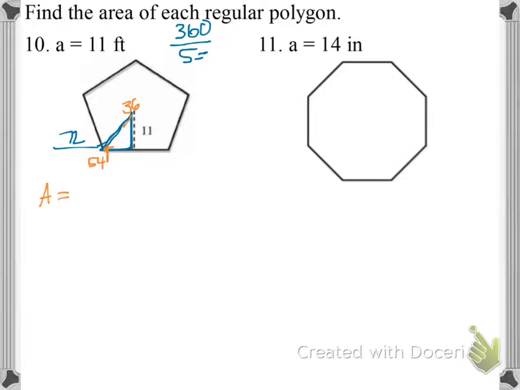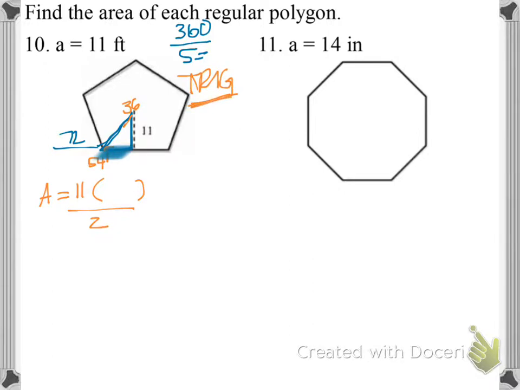Okay, again, we're trying to get the area. So let's see what we do have. We do have the apothem as 11. What we don't have is the perimeter. Okay, so we need to get that, which means we need to find this side. Okay, you can use either one of those angles that you have. I'll just use the 36. And so here we're going to have to do trig. I think y'all already figured that out.